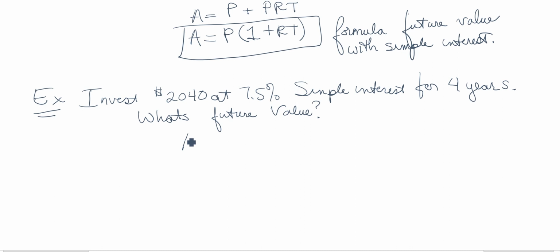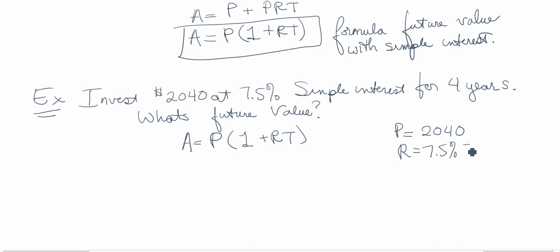Well, since I'm looking for the future value, I'll use the future value formula. A equals P times the number 1 plus RT. Identifying my variables, P is the beginning $2,040. The rate is 7.5%, but I need to change that to a decimal, 0.075, and my time is 4 years.